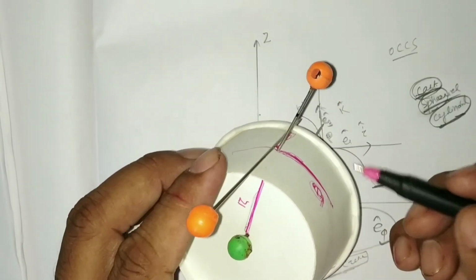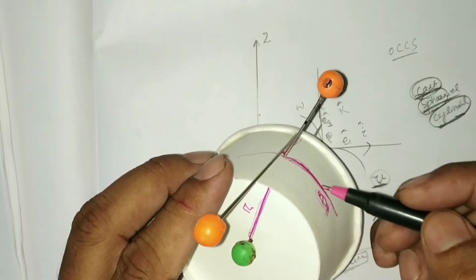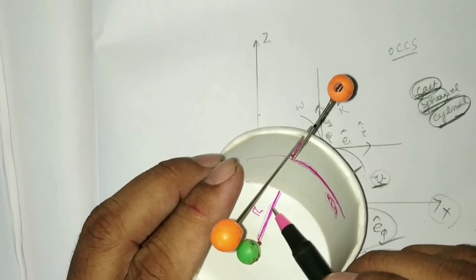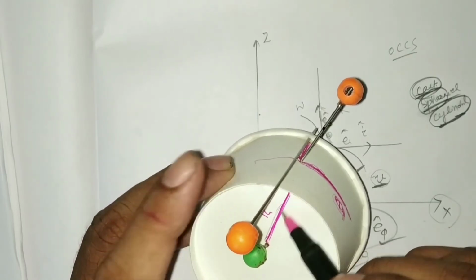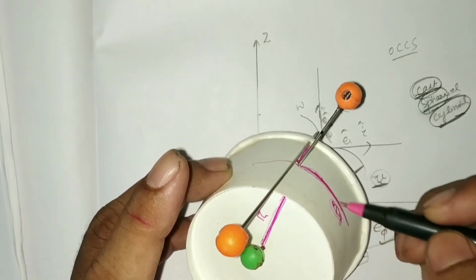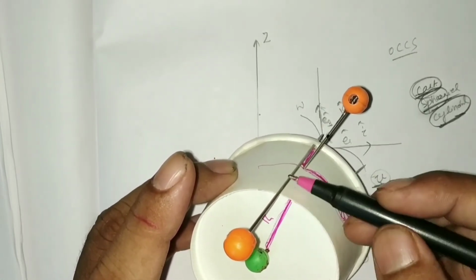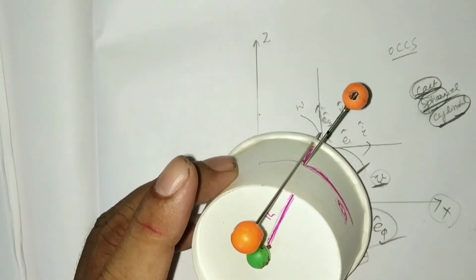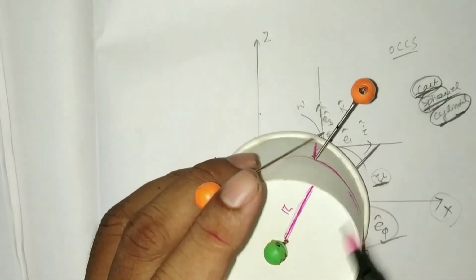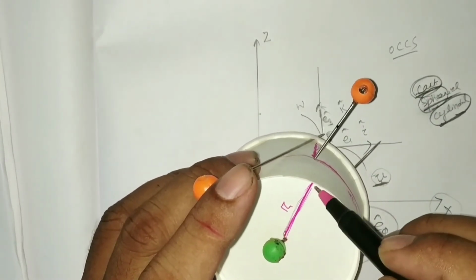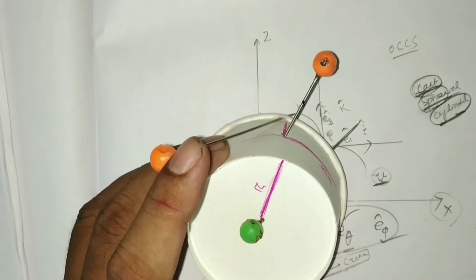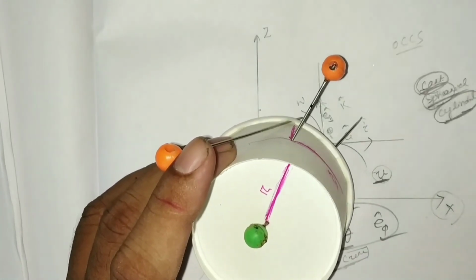So here consider this one belongs to u, and this one belongs to, let's consider, this r is your u curve, and this is your v, and this is your w, right? So instead of the u curve, this r curve we are going to consider. That means for cylindrical coordinate system, instead of u we have to consider the r curve.